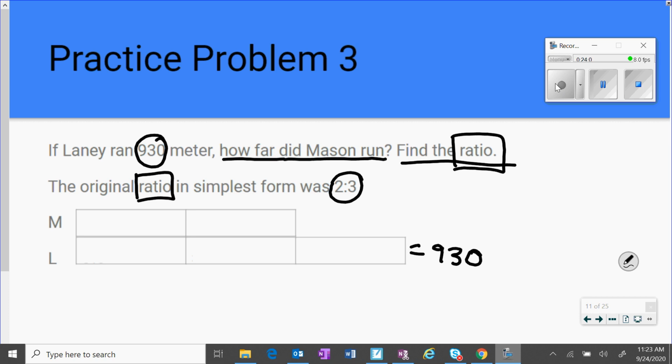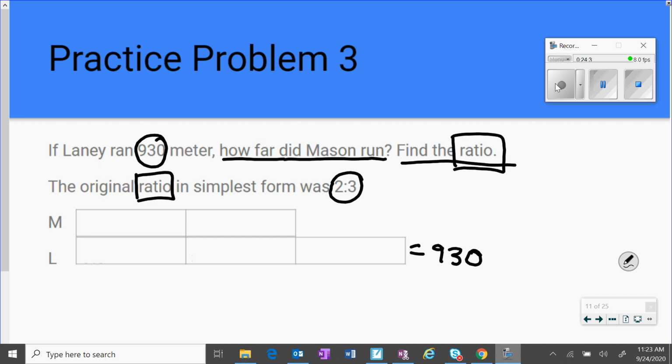Okay. So that's the way he did it. Yes, Lily. Okay. So we did it 2 different ways.